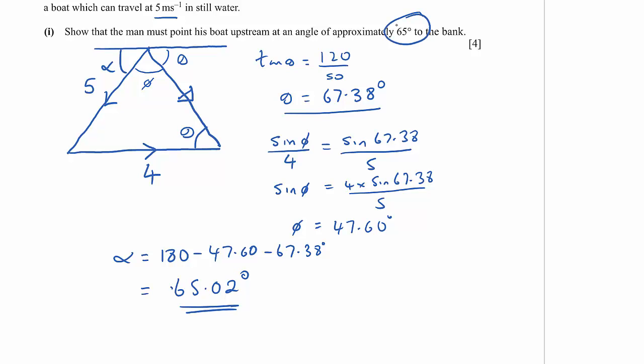Which is showing that. That was only 4 marks, so I don't know if I've not gone a good way about it, but sometimes you just have to go the way you see.